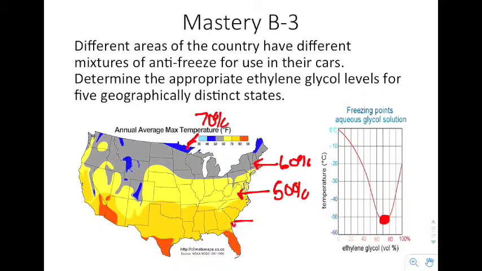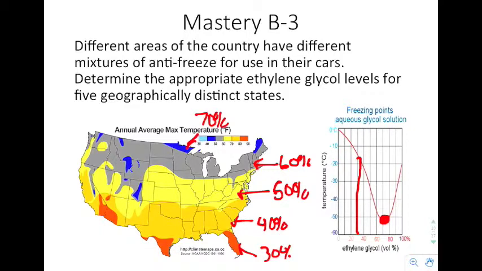In this orange region, it very, very rarely gets that cold. So you're probably going to be okay with maybe a 40% mixture. Okay, and then finally, this orangish red color would probably be okay with even maybe a 30% solution. Because at a 30% solution, you would still be able to drive your car down to negative 18 degrees Celsius.